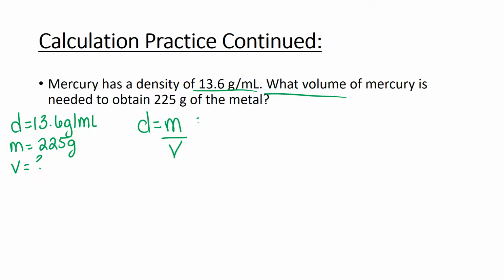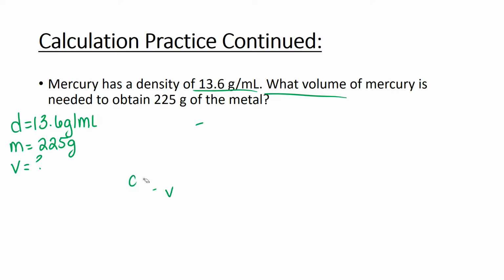If we do that by division, we get density divided by mass is equal to, and it's not just V, it's 1 over V, which means we have to deal with a reciprocal, and we don't really want to go that route.